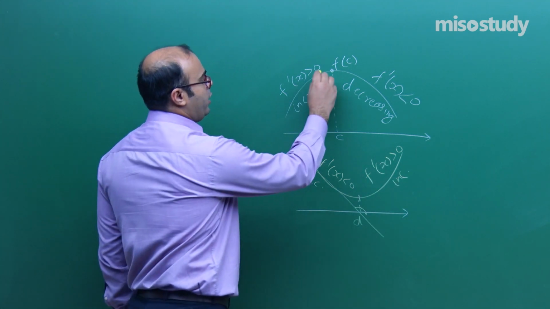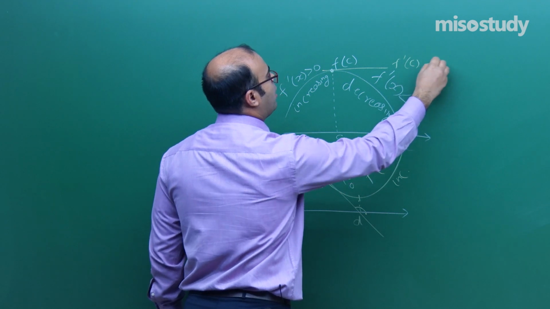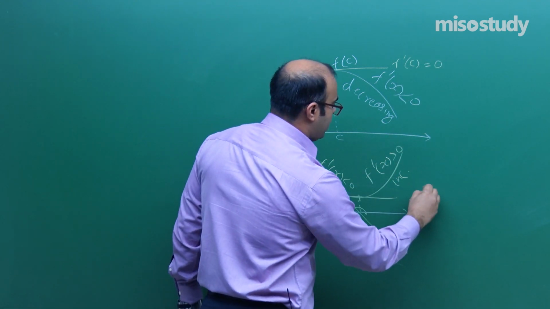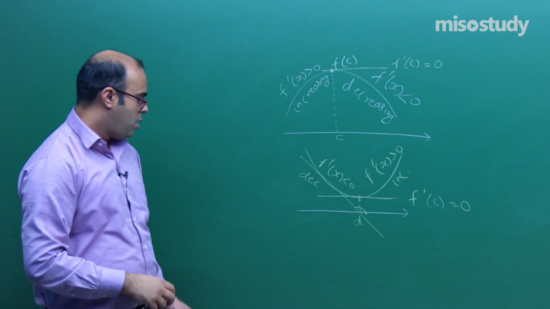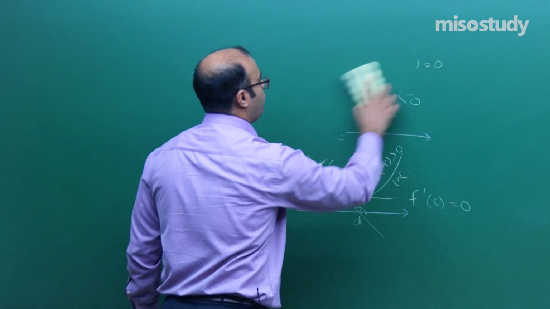So, at this point, if we draw a tangent and find f dash at c, that will come out to be 0. Here also, if we find f dash of c, that will come out to be 0. So, there is a result which does not only include these points, it includes other points also.